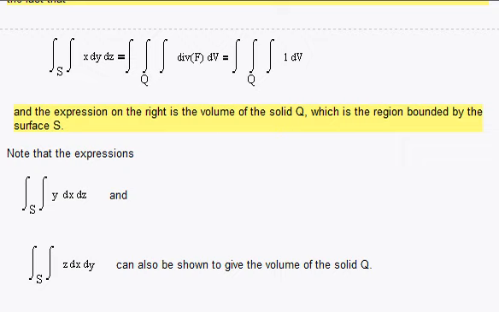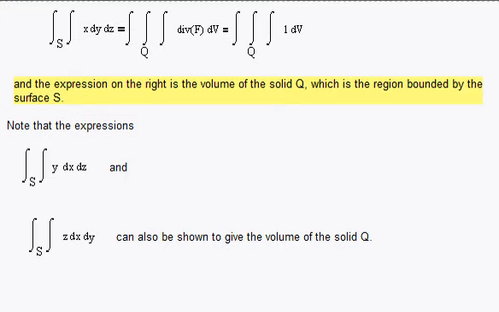We could sometimes find a line integral by finding an area. And we could also find an area by doing a line integral, and that's what this is saying. We can do a surface integral and that'll give us a volume. Or we can do a volume and that'll give us a surface integral. So it's kind of like the three-dimensional version of Green's theorem.